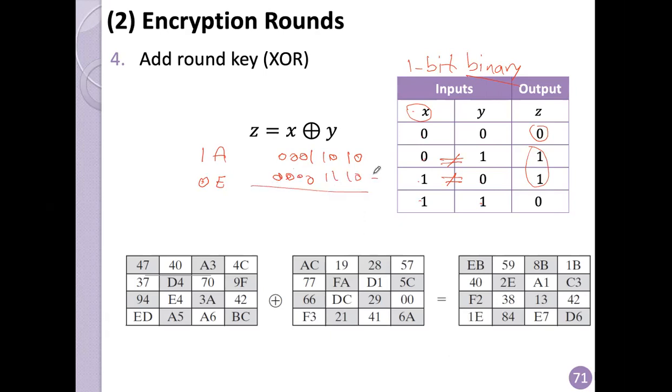And then we do the XOR on the corresponding bits. So these two bits get XORed. I get 0, 0, 1, 0, 1, 0, 0, 0. So this is the XOR operation that I'm pretty sure most of you know, but I just wanted to review it before we go forward.